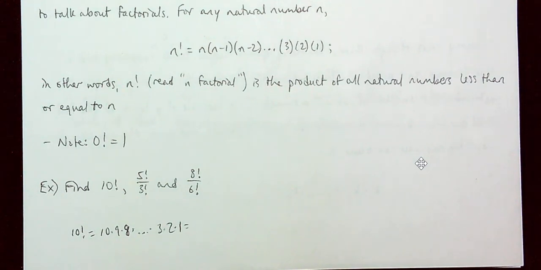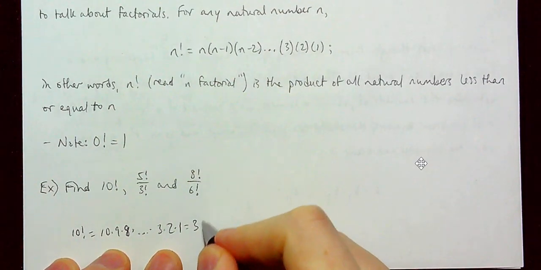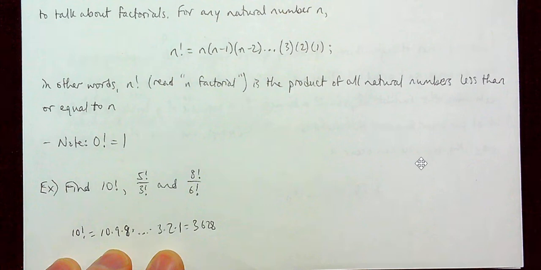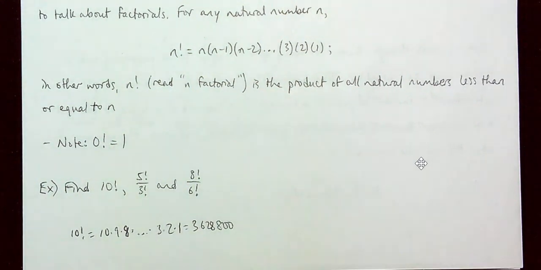In your calculator, you can do 10 times 9 times 8 times 7 times all that stuff, and when you do that, you get 3,628,800. So that's just a very basic, quick factorial calculation.